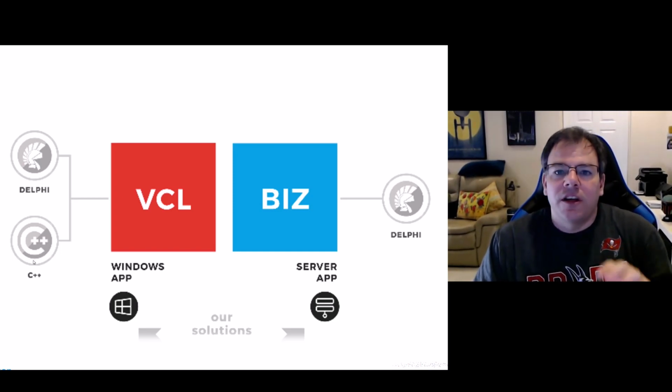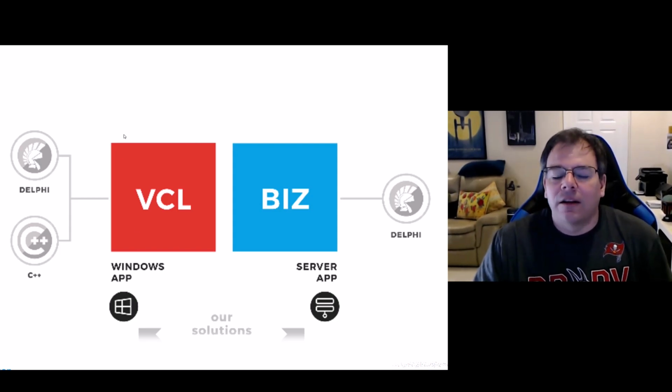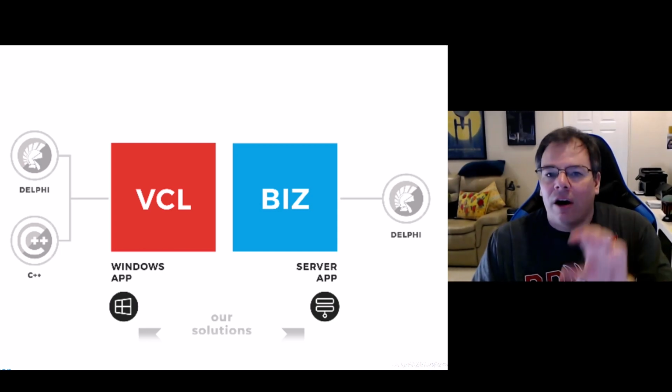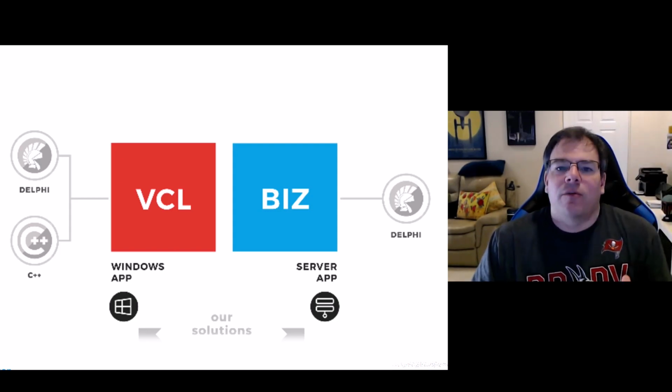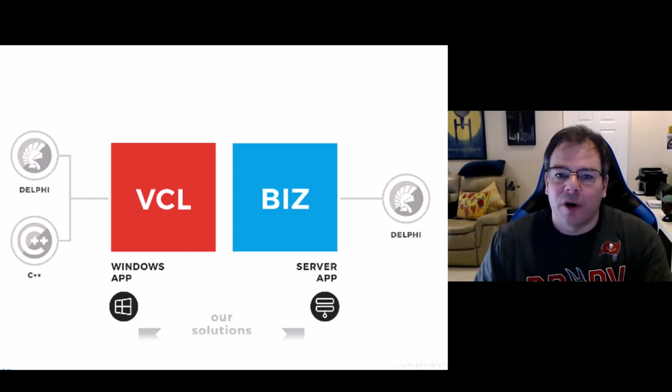So if you are a C++ developer and want to develop a Windows application, the VCL, the red tile, is the way to go. So you click on the tmssoftware.com product page on the red VCL tile, and then you see all the products that you can use if this is the product area that you need to develop for.